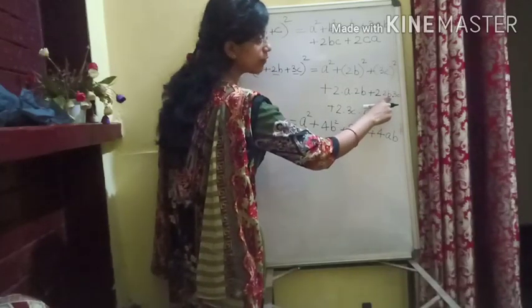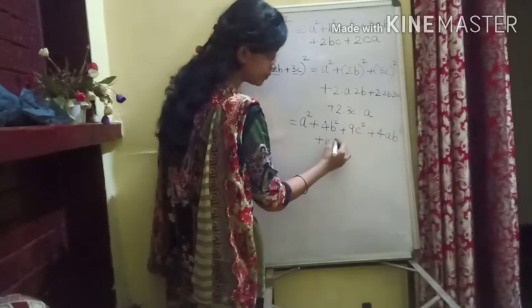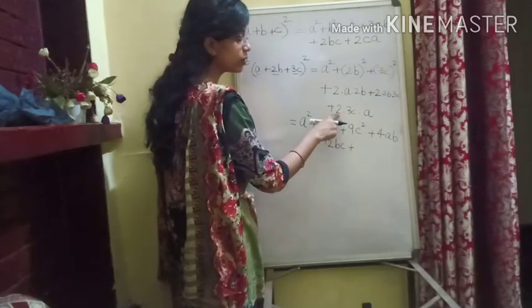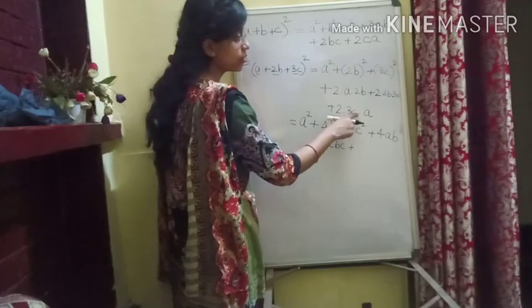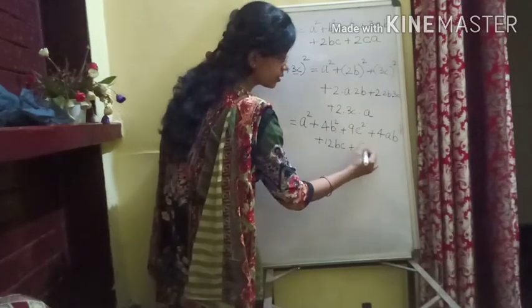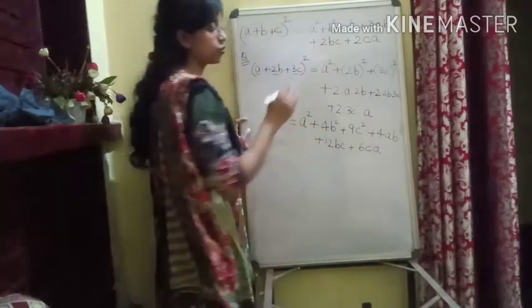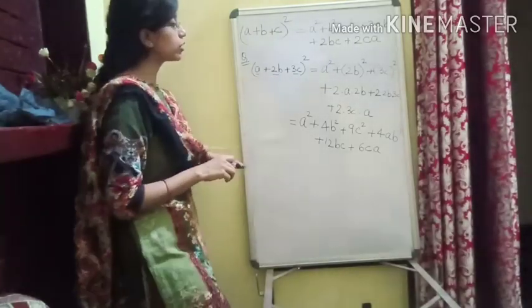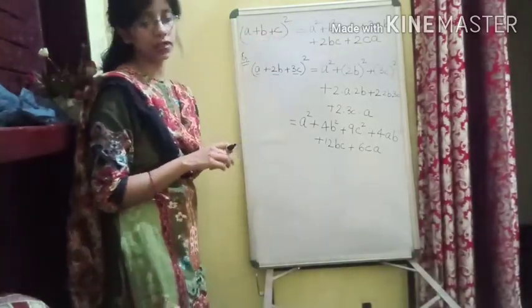And what is the variable? B into c. Okay. Now plus, here what is the number? 2 into 3 is 6, c into a, that is 6ca. So this is our expansion of the given question according to our identity, a plus b plus c whole square.